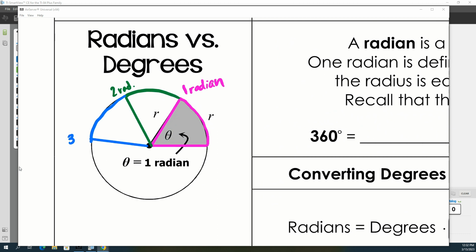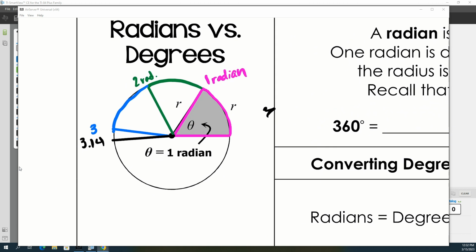It's taking me a second for this to work. That right there is 3.14. If it was a diameter. Is that a familiar number to you? Pi, yes. So half of a rotation, that's going to be pi radians.